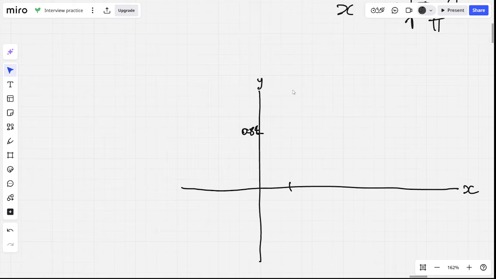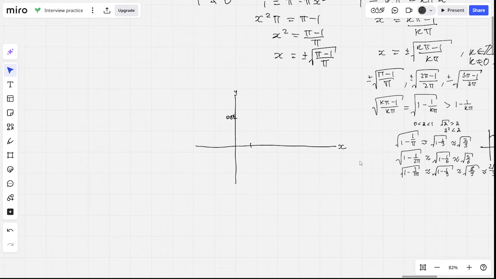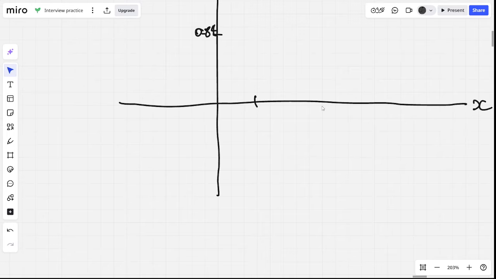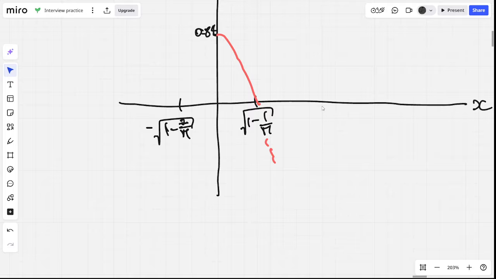And my first point is going to be 1 minus the root of 1 over pi, and minus 1 minus 1 over pi. And my second one is going to be closer and closer and closer, and so on. So my graph is going to look something like this.